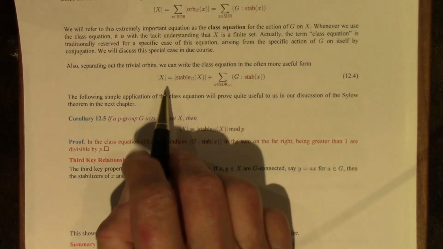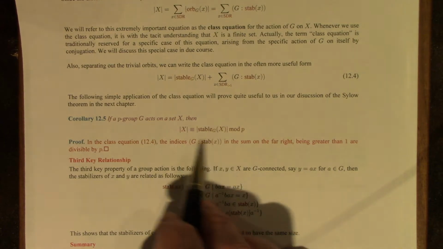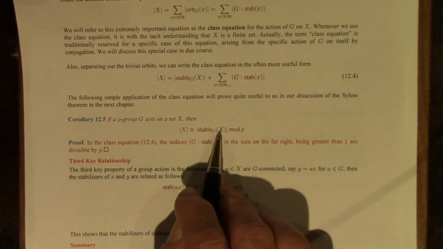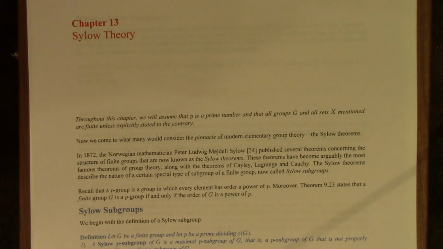It follows then that these two values are congruent mod p. The size of X is congruent to the size of the stable set of X mod p. And that's going to be useful for us very soon.